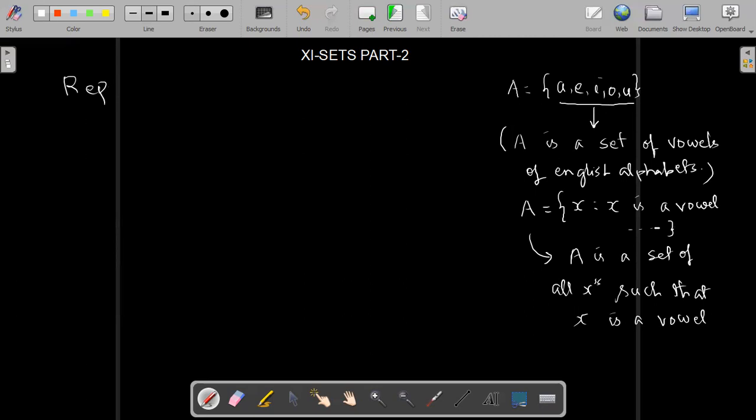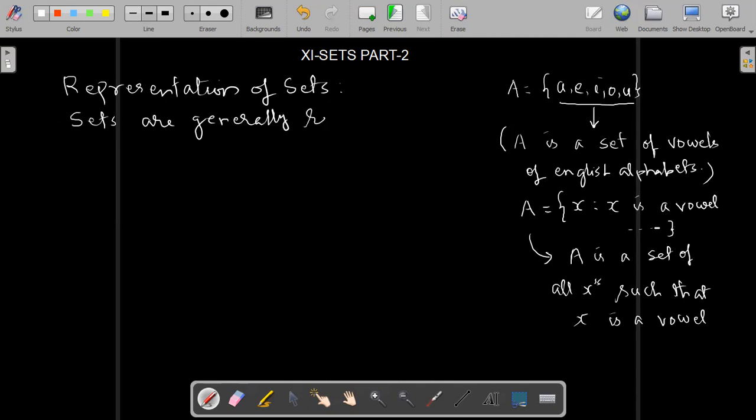Representation of set. Sets are generally represented in two ways.